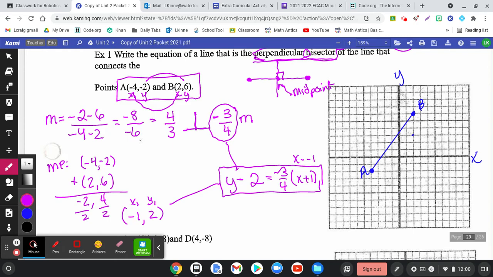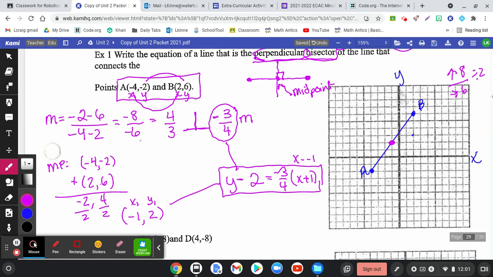You're going up 2, 4, 6, 8, over 2, 4, 6. So we went up 8, over 6. If we cut that in half because it's midpoint, we'll go up 4, over 3. There's our midpoint, which just happens to be the same coordinates as what we got here, -1, 2.